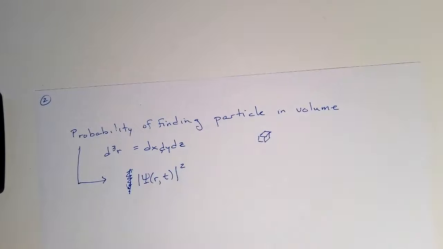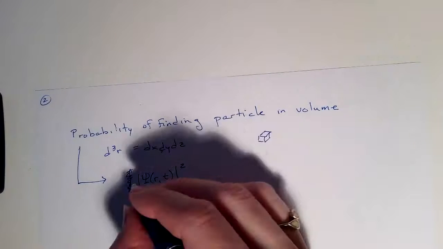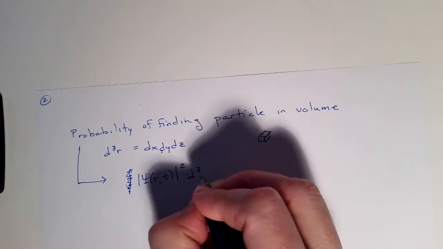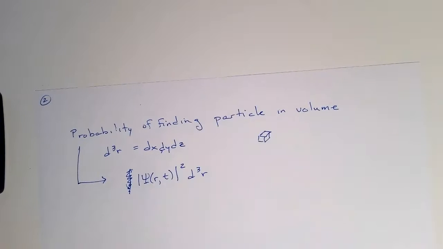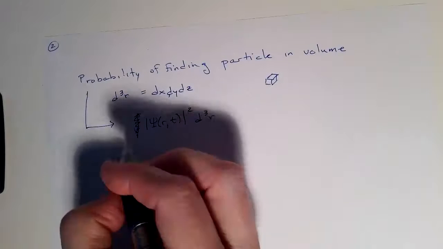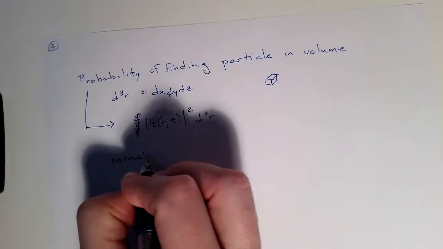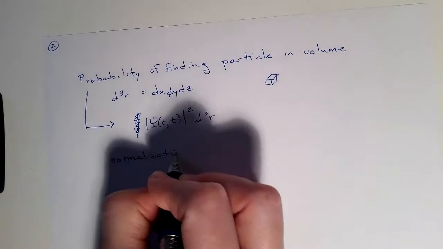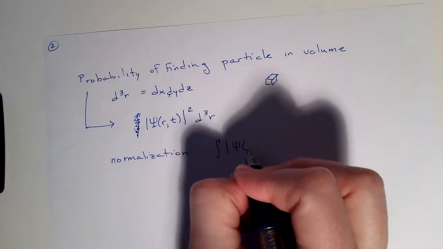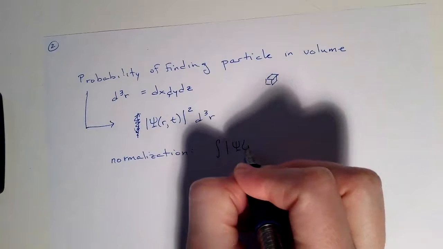That probability of finding this, we're going to take our magnitude of that wave function squared and that volume. So our wave function is going to give us some information about where we are likely to find a particle. Our normalization then in 3D looks like, this is where we want the integral, our wave function.